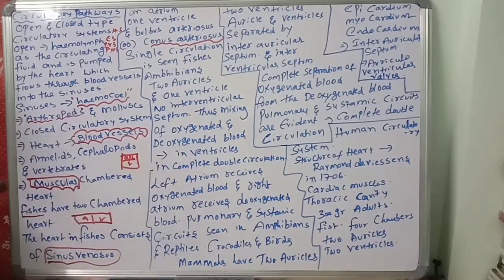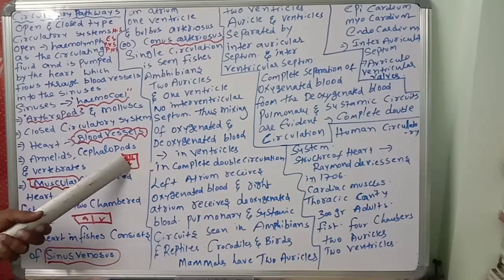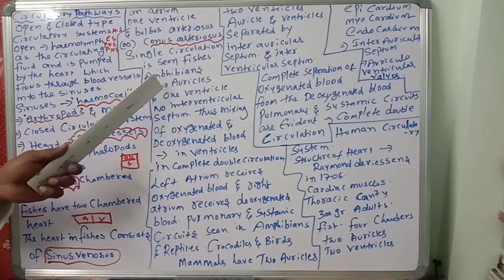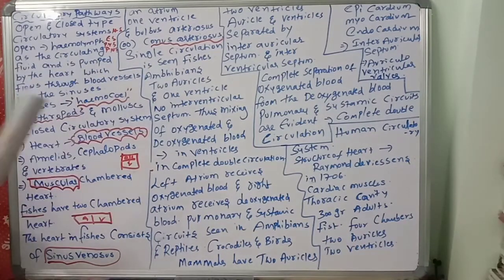The auricles are separated by the auricular septum, but the ventricle is not separated by a septum. That is why we see a single ventricle in the frog.